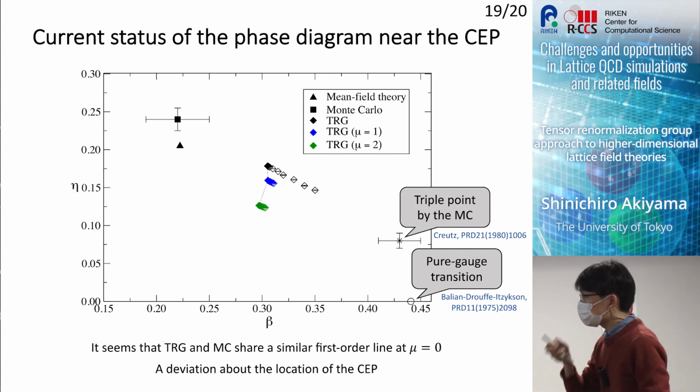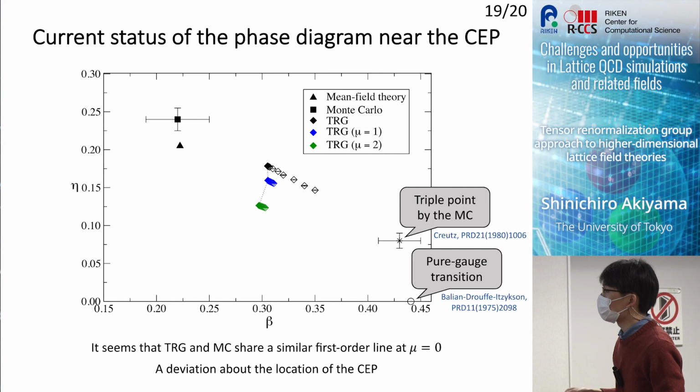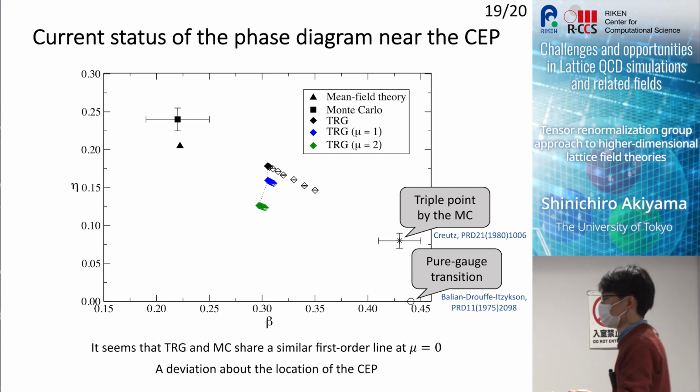But at least it seems that the TRG and the Monte Carlo share a very similar first order transition line, because here is the triple point also calculated by Kreuz in 1980, and here is a triple point, and here are the critical endpoints obtained by both methods.